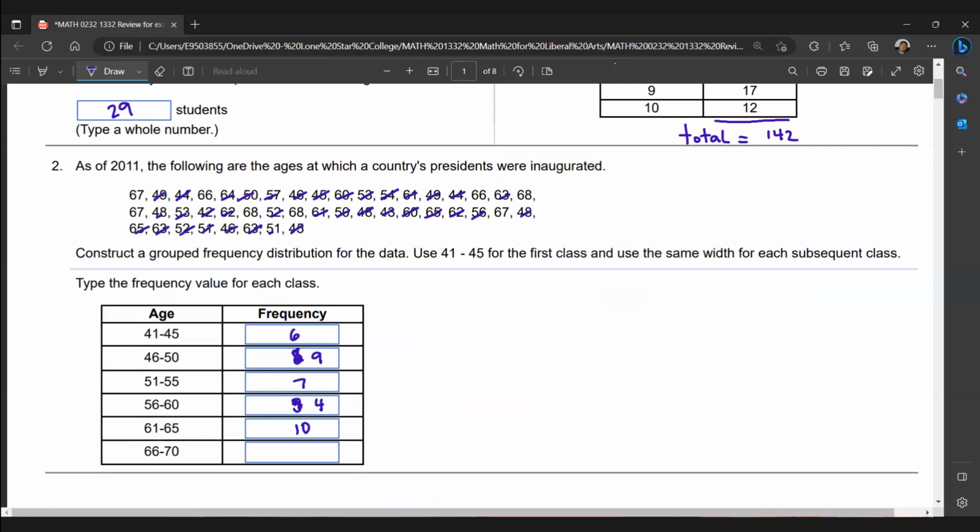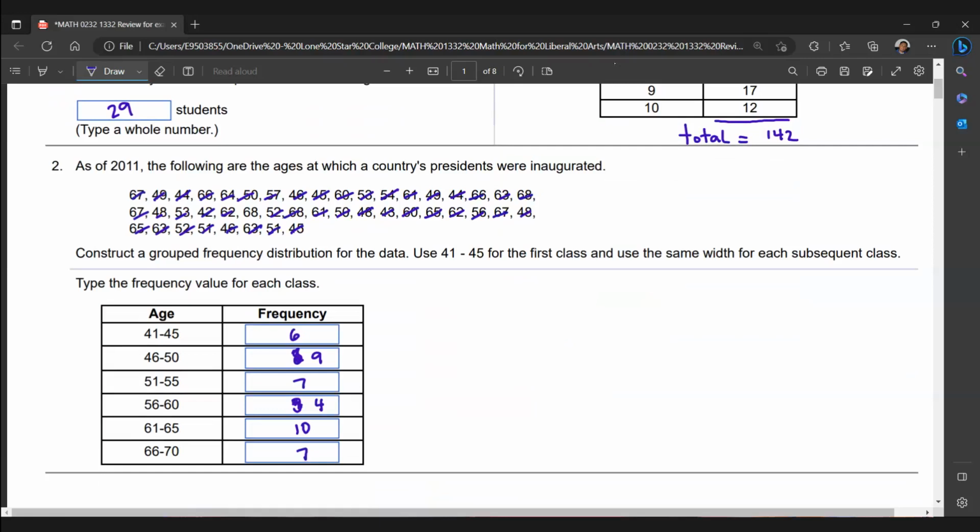And then we've got 66 to 70, which should be the rest of the ages: 1, 2, 3, 4, 5, 6, 7. I counted 7, and I think this one was already counted. Okay, so here we go.